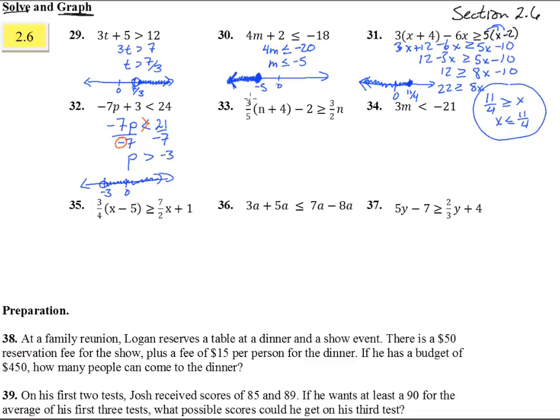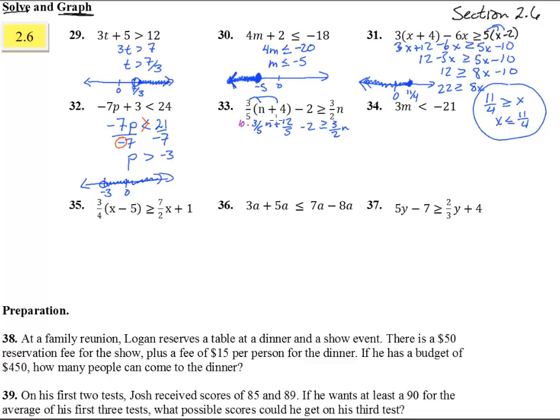Okay, number 33. So distribute that in. We get 3/5 n plus 12/5 minus 2 greater than or equal to 3/2 n. I want to get rid of those fractions. I know how to do that. Multiply through by, let me see, you've got a 5 and a 2, so the least common denominator would be a 10.